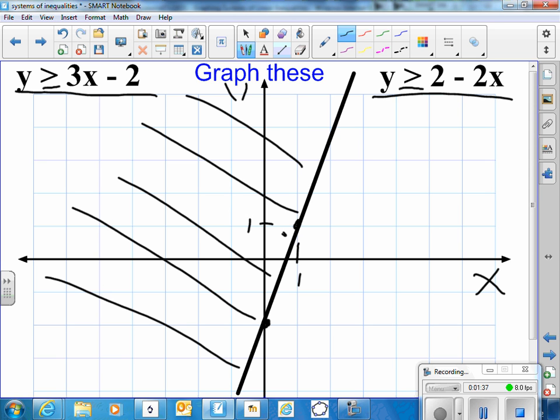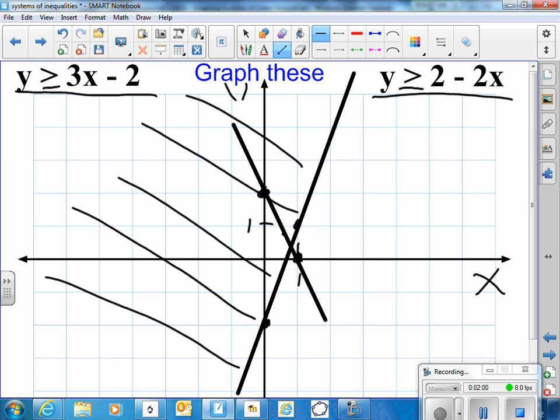says y is greater than or equal to 2 minus 2x. So I start out on the y-axis at 2 and go down 2 over 2. So if I connect that with a straight line, it will look something like that.